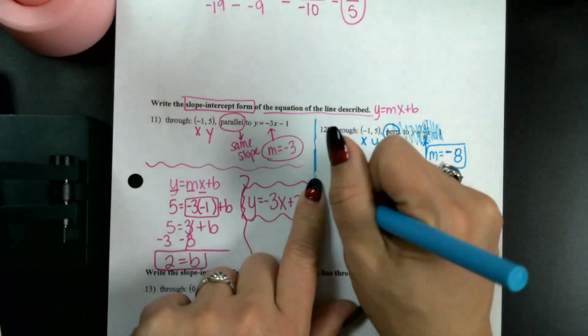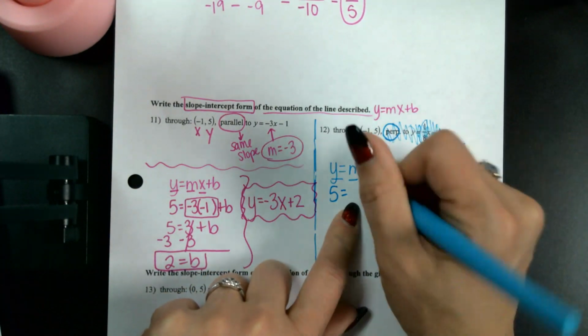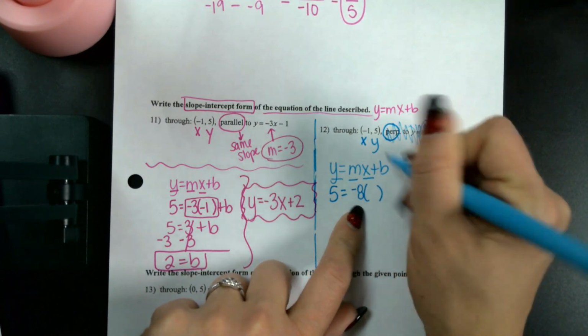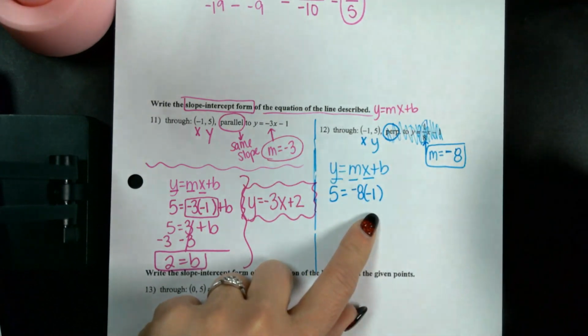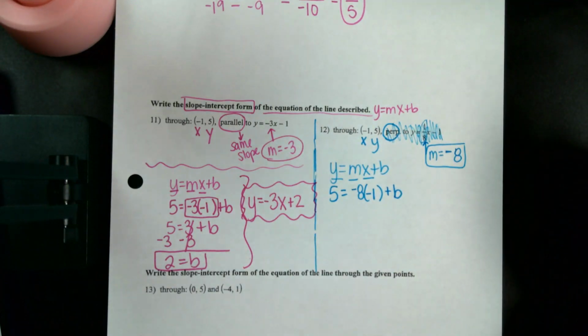So 5 equals, no, hang on, look, -8, and then we know x is -1. Yeah, the only letter that should be left in there is b.